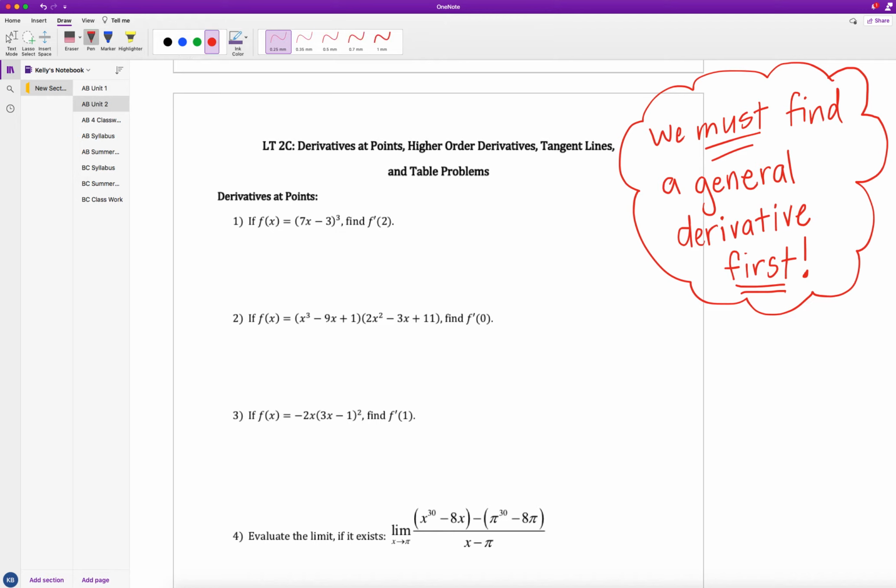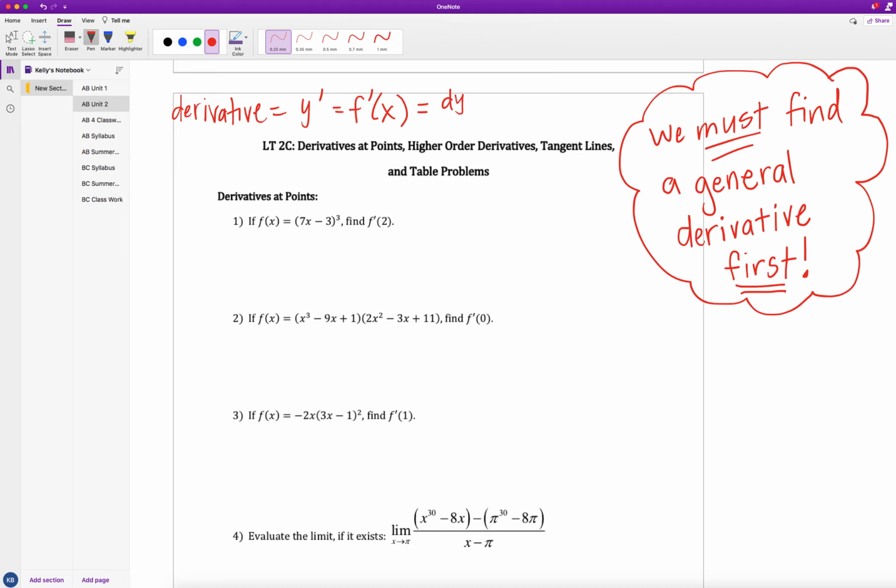A couple other things to review to keep in mind in terms of notation. Remember, a derivative has a couple notations that we can use, but y prime would be a first derivative, so would f prime of x if we instead had a function called f of x. Those both represent the first derivative.